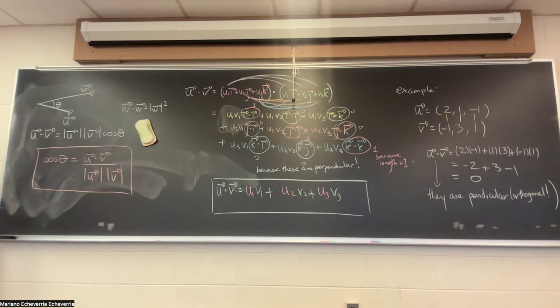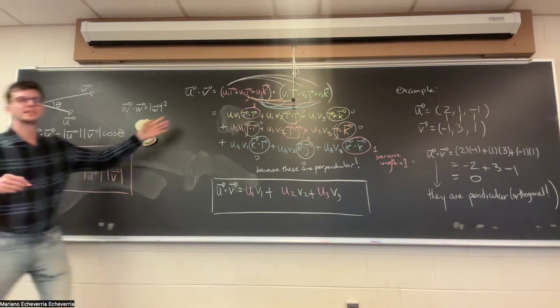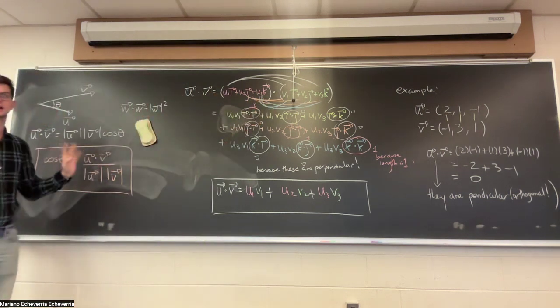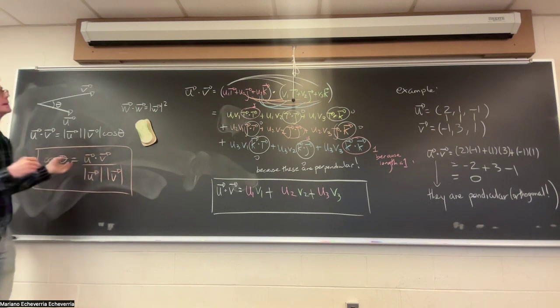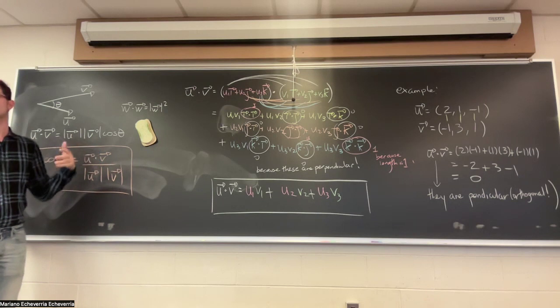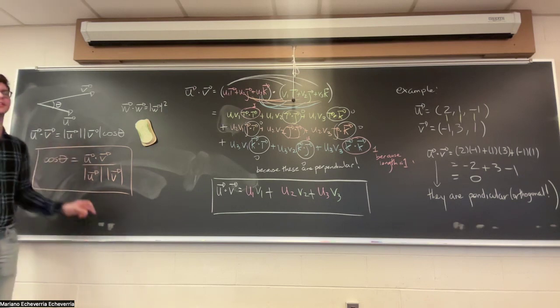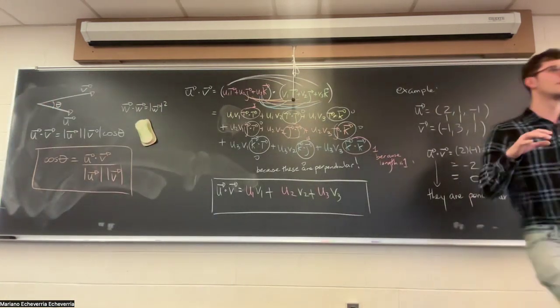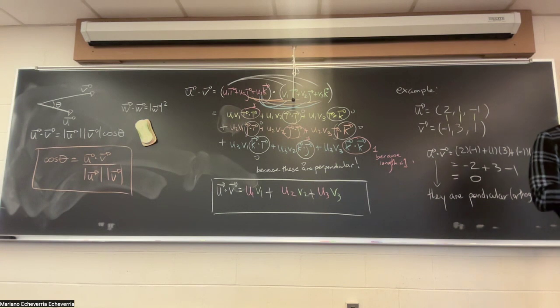Now you can compute the numerator using something like this, and then you can find the lengths very easily with Pythagoras' theorem. Taking the arc cosine would give you the actual value for the angle. So having the two formulas together is what allows you to find the angle between vectors if you know their entries.